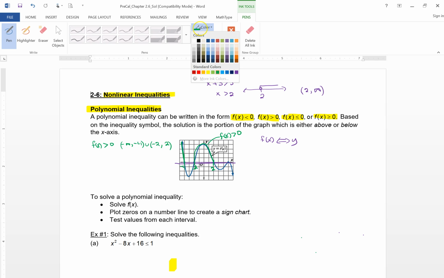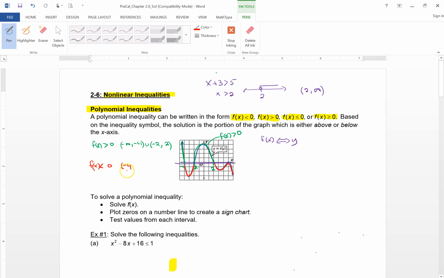Well, where is the graph negative then? The graph would be negative in this region here. And here the graph is negative, and there the graph is negative, right? Anytime the graph is below the x-axis, it is said to be negative. So we say, okay, f of x is less than 0, where?